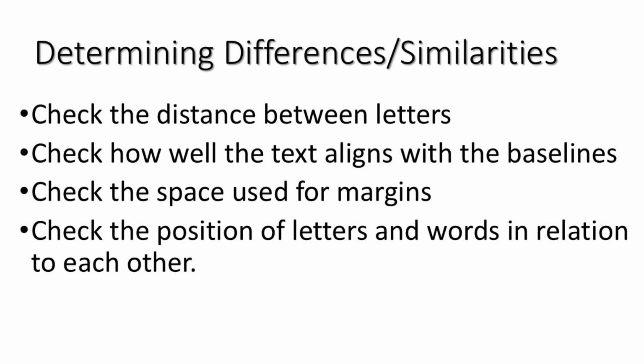We take measurements using our metric ruler or any other instrument that we can use to measure the text, the alphabet. We measure the distance between two letters, and the distance between two words.